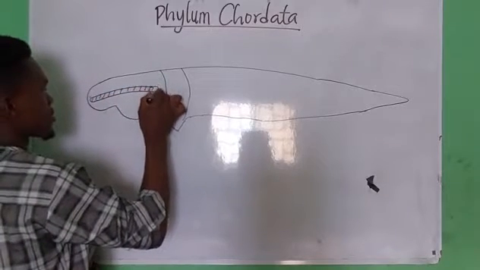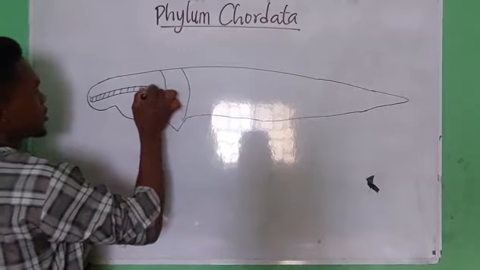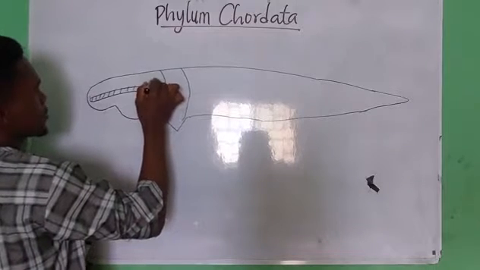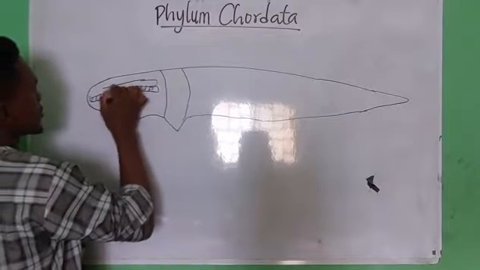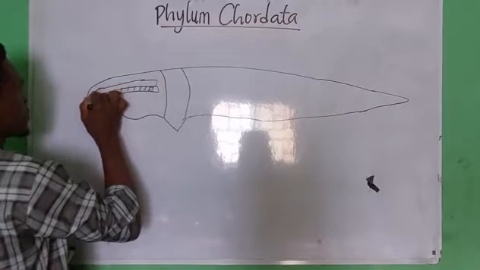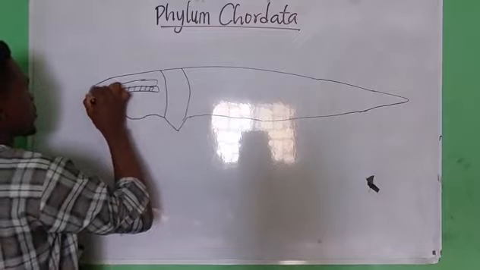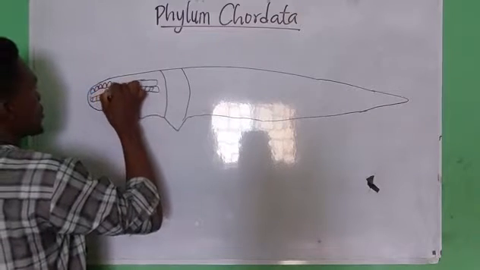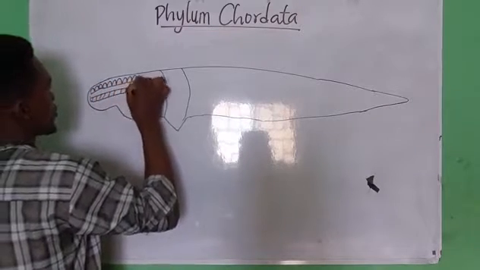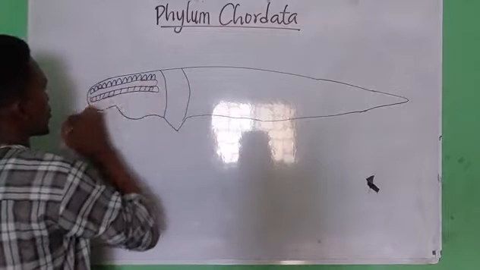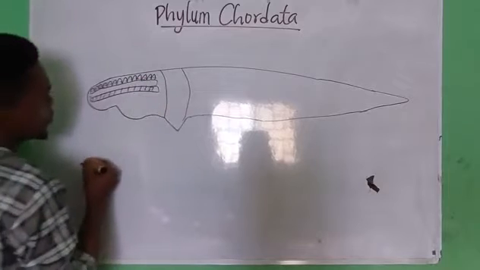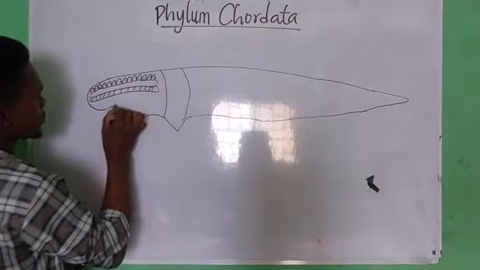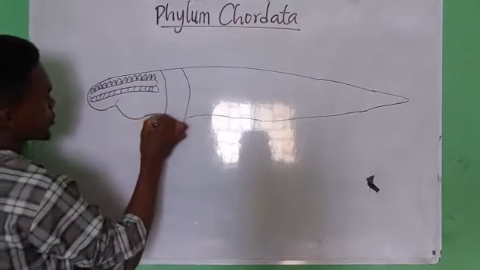Then close to the notochord, you now have the hollow dorsal nerve cord. On top of it you have this structure called the fin rays. Then here you now have a structure.